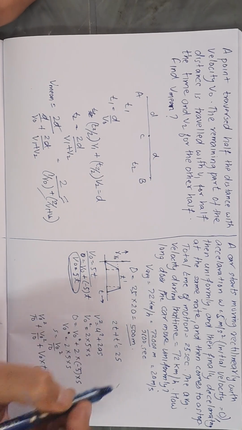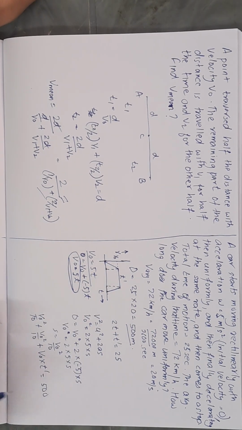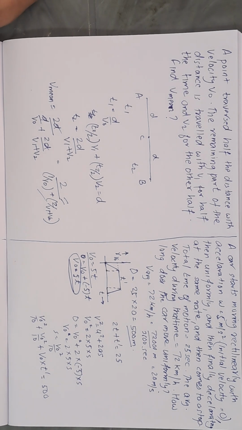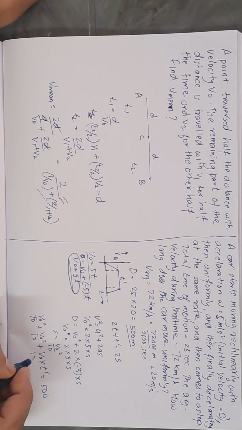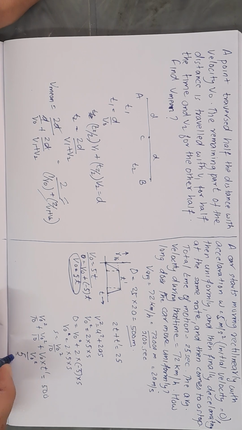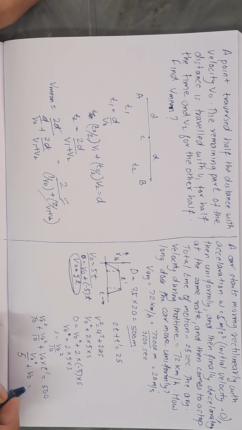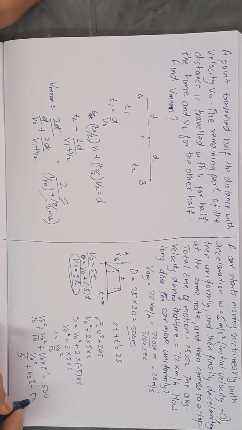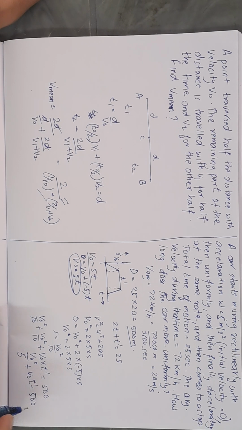Total distance traveled we have already calculated is equal to 500. v naught square by 5 plus v naught t dash is equal to 500.